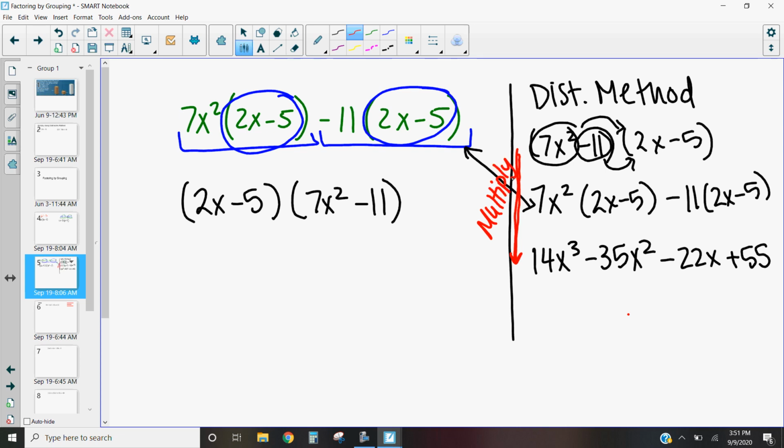However, what we're talking about today is how we go from something in this form back the other way. Going back that other way is called factoring. Sometimes we interchange multiply with the distributive property. So we distribute, and the opposite of distributing is factoring. And factoring means that we're going to group and pull out.